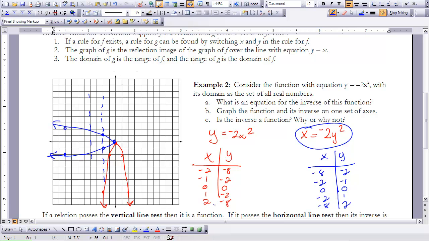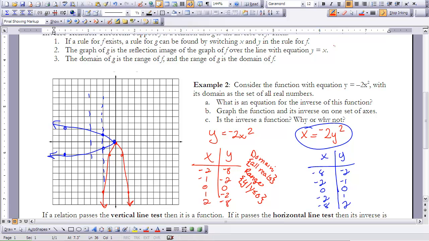As you can see here, I just generated some values and I graphed my parabola. As you can see, the domain of this is the set of all reals, and the range of this would be the values for y that are less than or equal to 0.